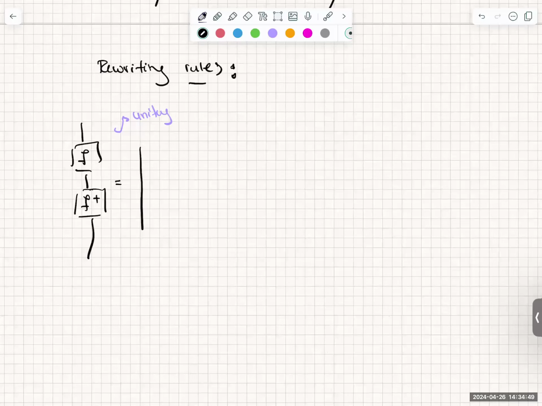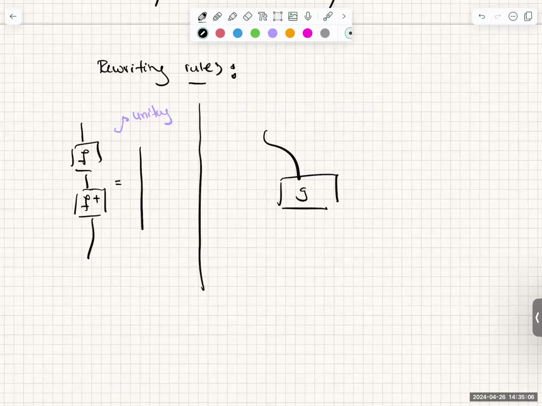This equation precisely defines it. And then say that I have some messy looking thing that looks like this. Let's actually say we have G like this, and then F dagger like so.